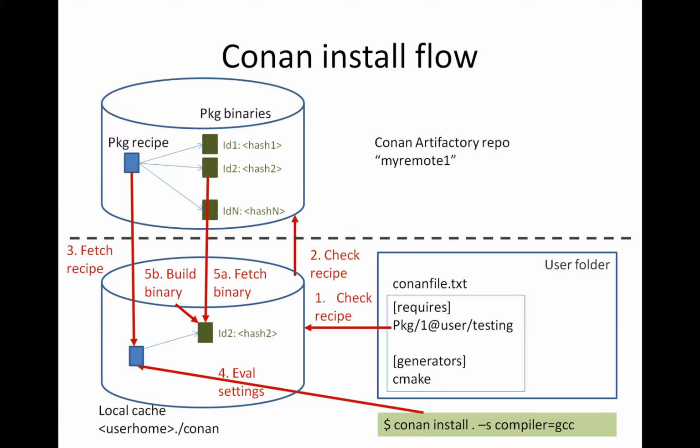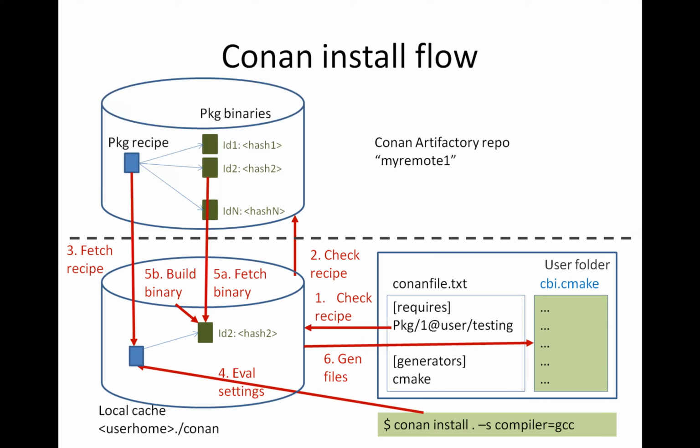And once the binary of the package is in the local cache, then the last step will be, now I have the packages, I have the binaries. The binaries will have the include directories with the headers, the libraries, everything, and it will generate a file.